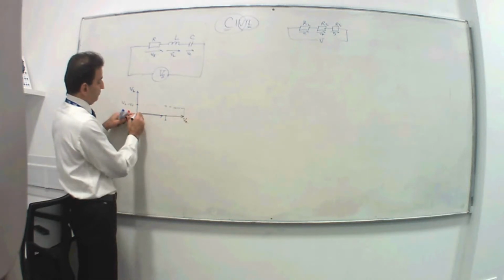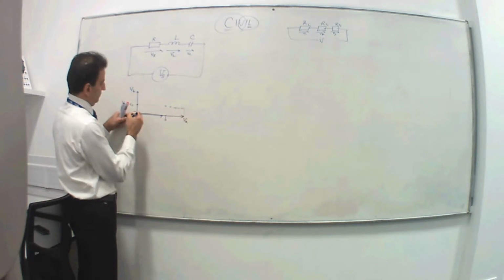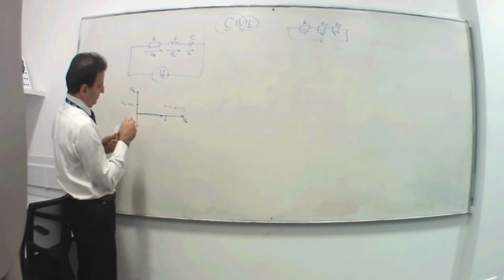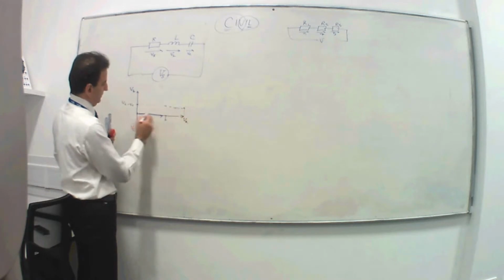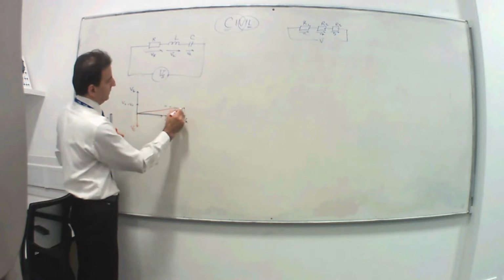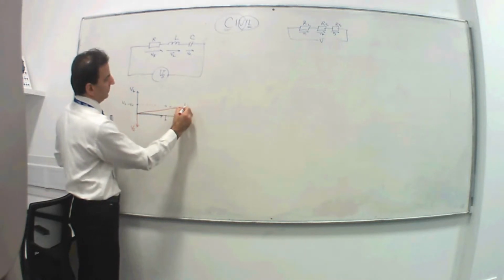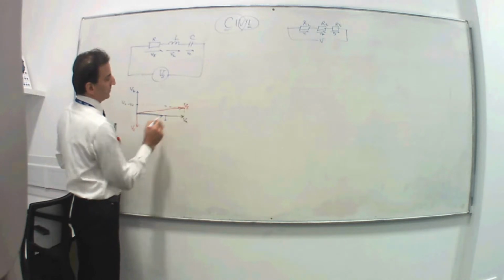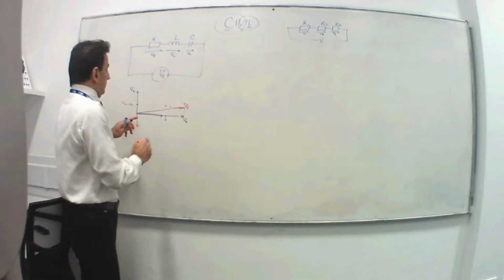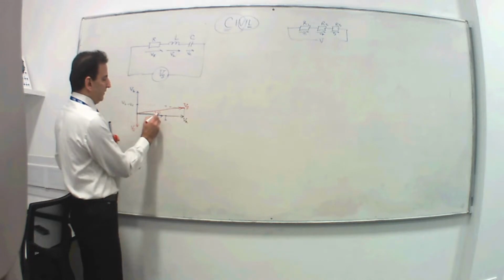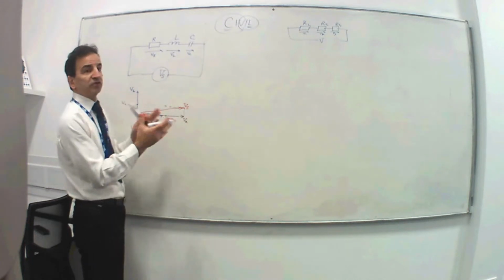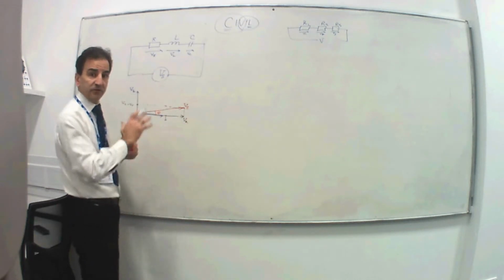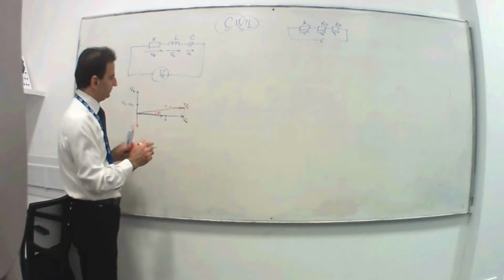You just connect the points from 0 to that. And that is your VS, or supply voltage. The phase angle is the phase angle between voltage and current of the whole circuit, the overall phase angle.